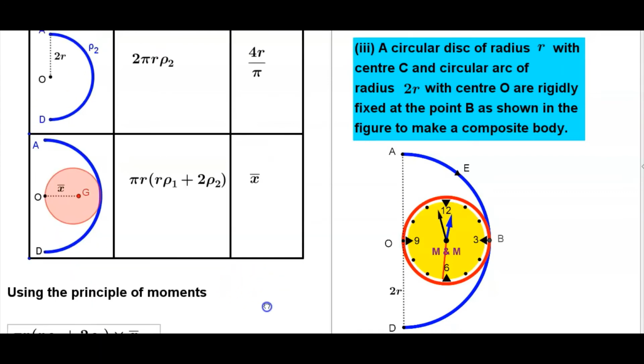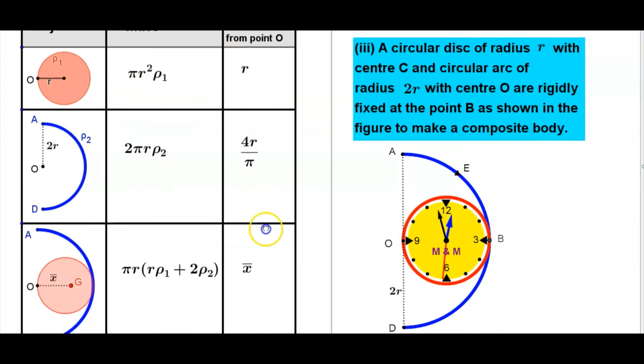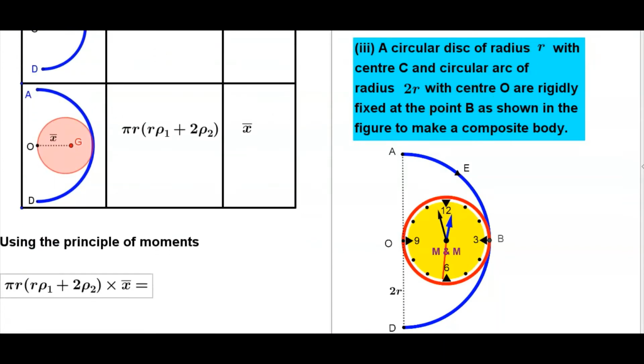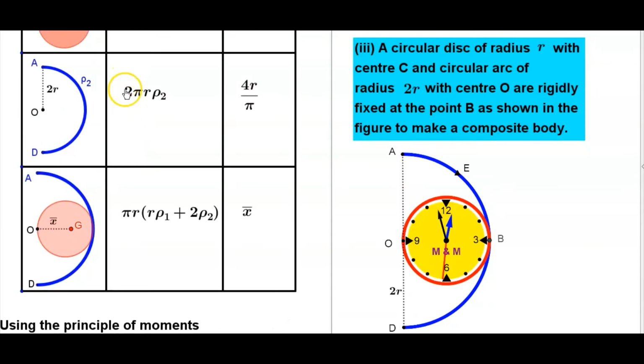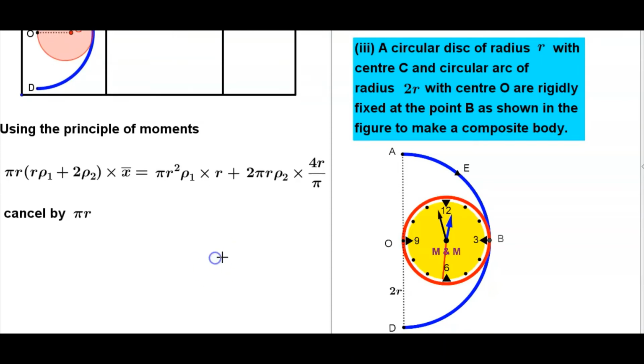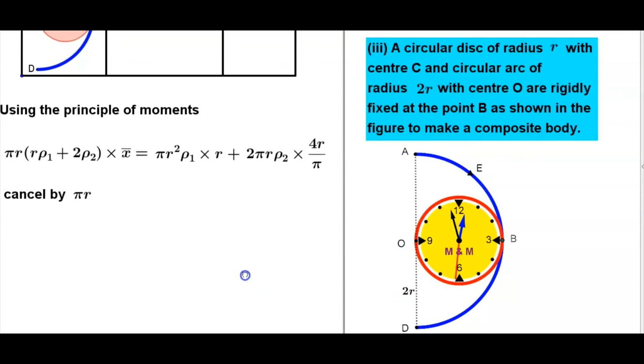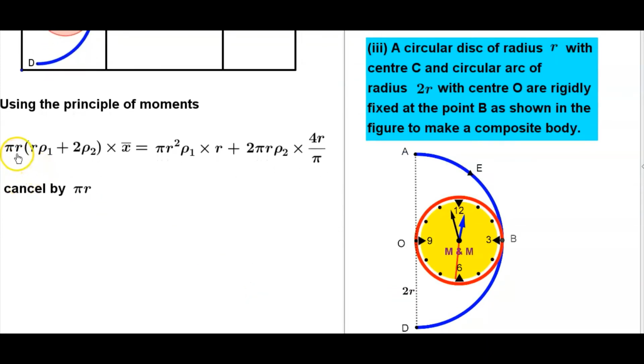It is equal to the moment of this one, mass into this distance: pi r squared rho 1 into r, plus the moment of this one, this mass into this distance: 2 pi r rho 2 into 4r over pi. Cancel by pi r.